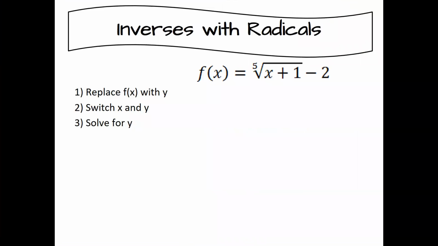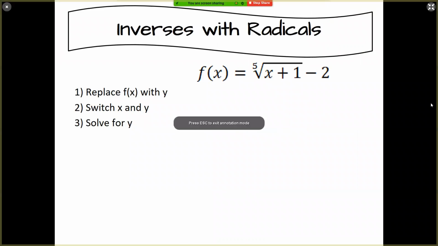For this one, again, I would go through that same process, figure out what the inverses or the opposites are. So I have a 5th root, so I'm looking for a 5th power. I have a +1, so I know I need a -1. I have a -2, so I know I'm going to need a +2. I know my answer should have these 3 things in it when I get to the end.